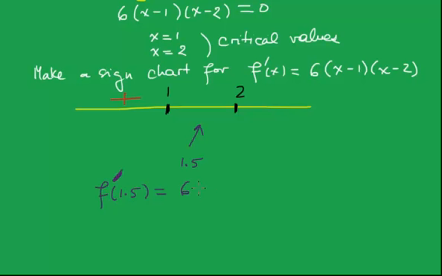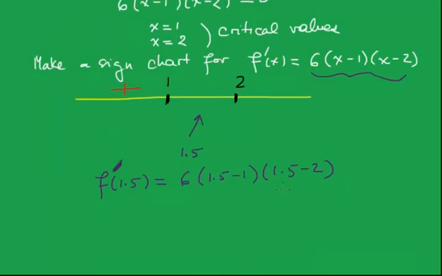It should be 6 times (1.5 minus 1) times (1.5 minus 2). So I'm using this version of f prime. If you don't want to use this version, you're welcome to use the raw, non-factored version. That's fine as well. But I'm using this because it's going to give me the sign very quickly.